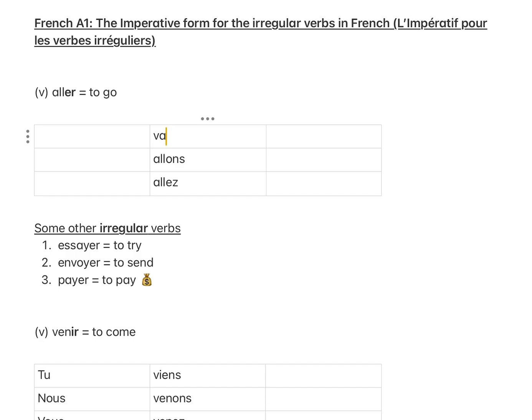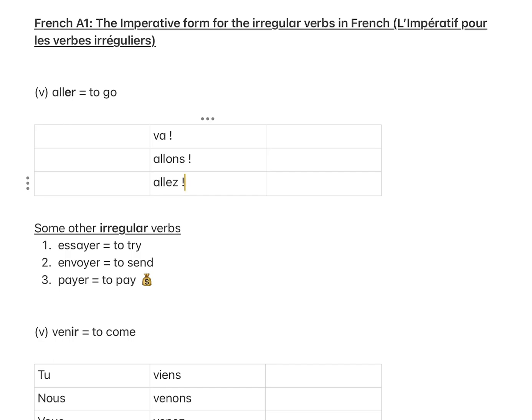So this is an important detail when it comes to irregular er verbs and their imperative form. And the third step is to add the exclamation mark.